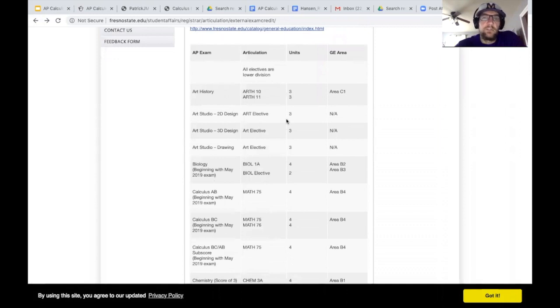Some universities will no longer accept 3s. A 3 on the exam is about a 55 to 65%, so it's like getting a very high F or a D on the exam. Anything above that, you're going to get 4s, and I think about 80% is a 5.